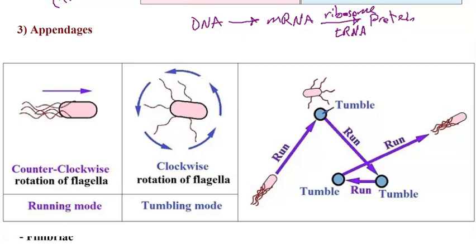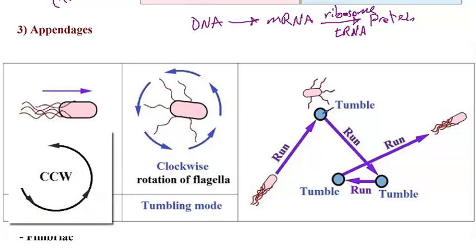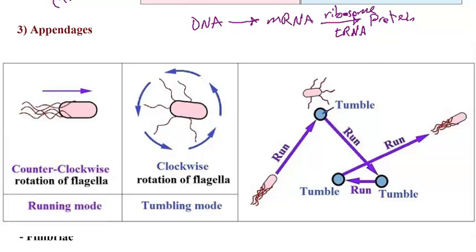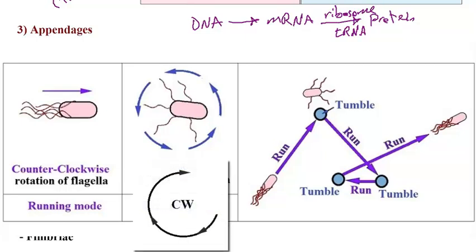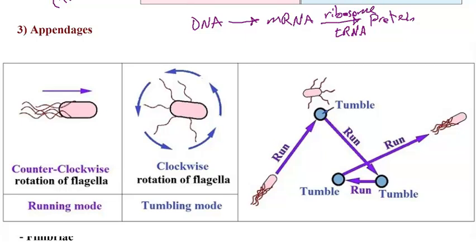If there is a counterclockwise rotation of the flagella, that's the time that it will push the bacteria forward. That's why the counterclockwise motility is sometimes referred to as running mode. While if there is a clockwise rotation of the flagellum, that's the time that it will make the bacterium rotate around itself.